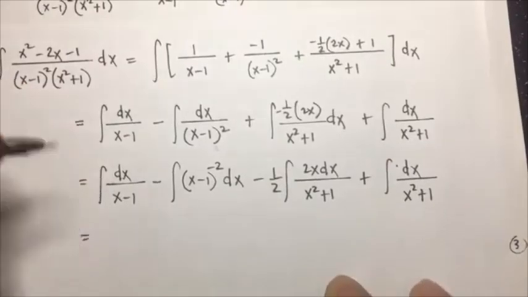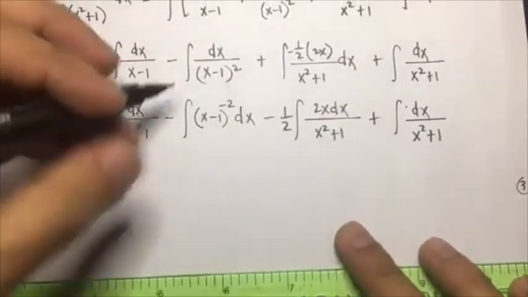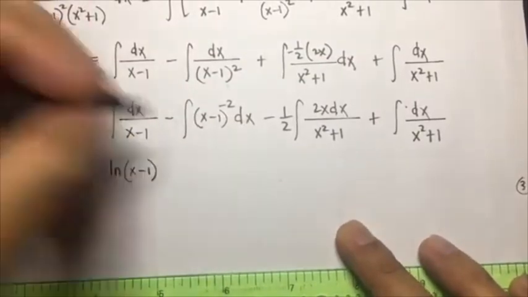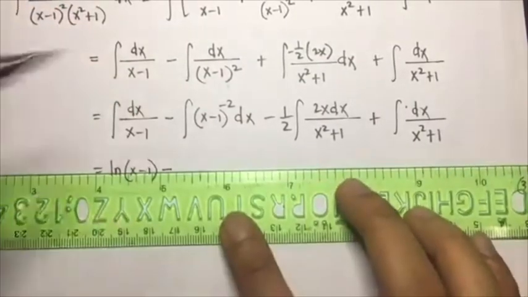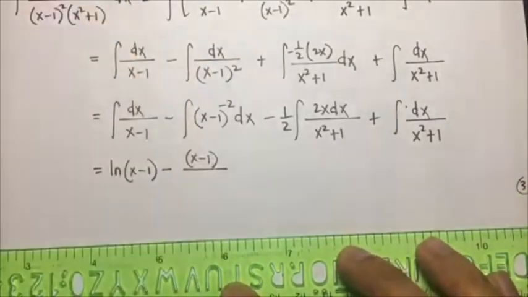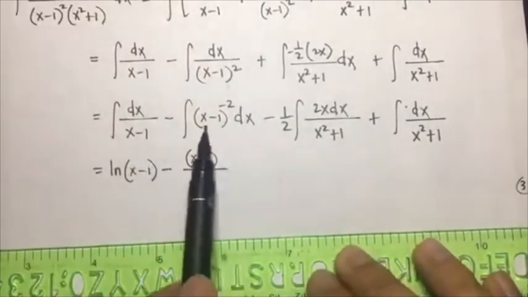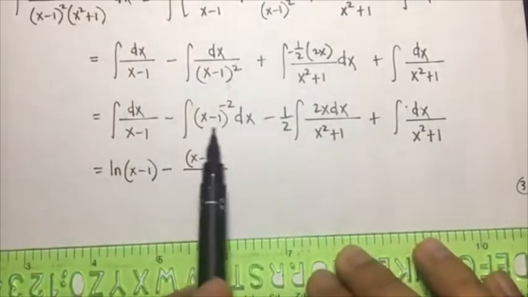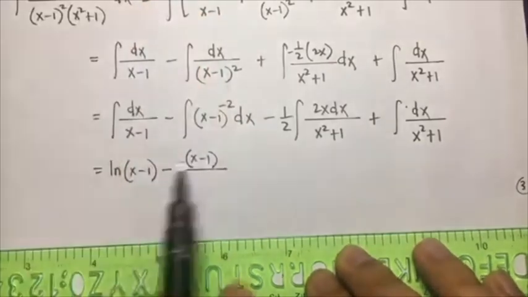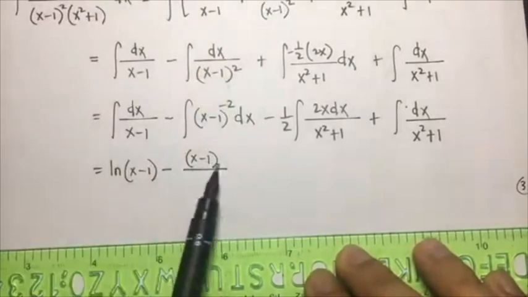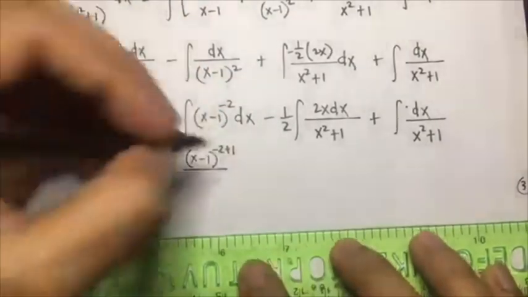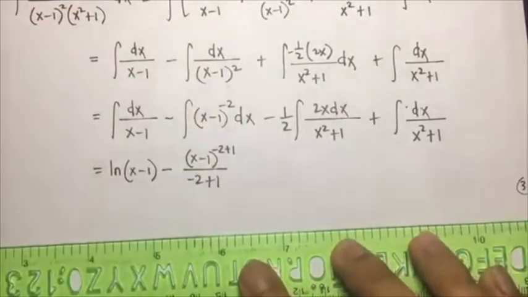So this will now become ln of x minus 1, minus (x minus 1) raised to -2 plus 1 over -2 plus 1.